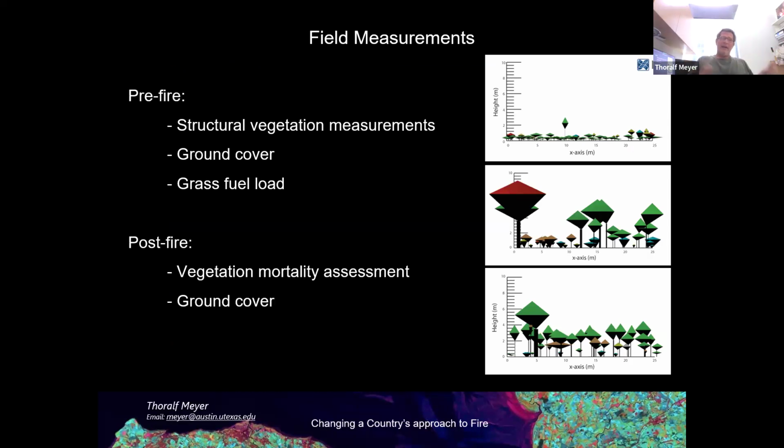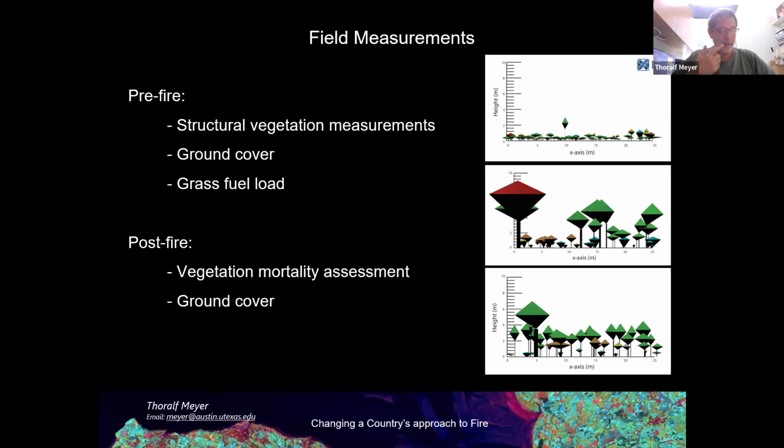In this case, we looked at mortality rates, for instance, how many shrubs and trees, and what kind of shrub and tree, and which height category of a tree is affected to what particular degree by the fires. So there are a lot of questions answered.